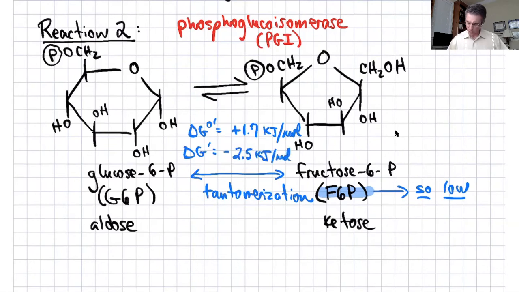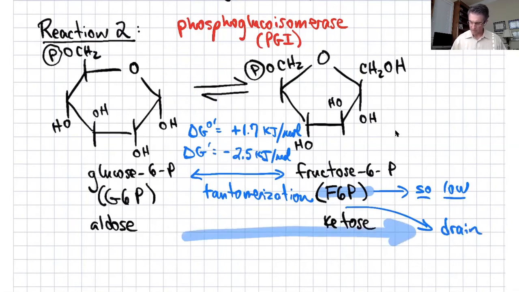So you can think about the subsequent steps we're going to talk about as basically draining this fructose 6-phosphate pool to pull this reaction in this direction. That's pretty cool. And you're going to see some more examples of that as we go along.